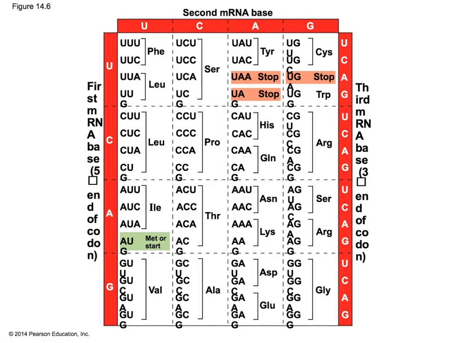Okay? You don't need to know all this if I ask you to do it, and I will provide this sheet for you. But it's important that you understand what you're looking at. All right? On the left-hand side is your first base. Along the top is your second base, and along the right-hand side is your third base of the triplet code. Okay? So you go inside here, you find your CCC is proline.